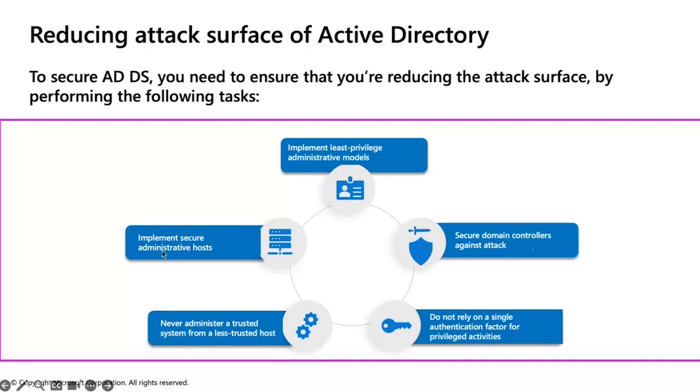And implementing secure administrative hosts is maybe the same thing, where we have a very secure system from which we access these very secure components. But apart from that, these are only considerations that we can follow. We don't have anything we can just use as a security solution.